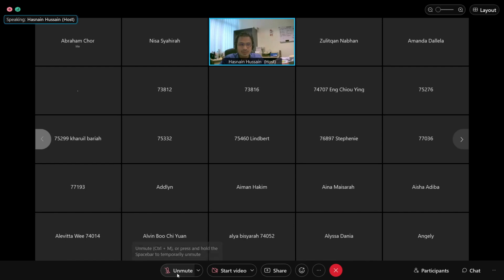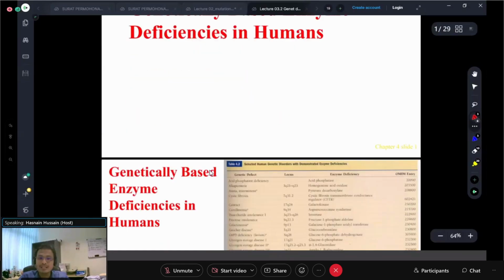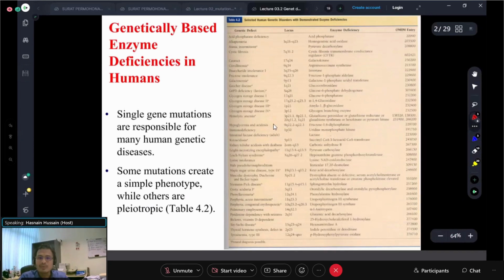So I'm going to share the next slide. Genetically based enzyme deficiency in human. You imagine, like you have learned in Mendelian genetics, big A causes red color flower. Big A, small a is still a red flower because the big A is dominant, right?